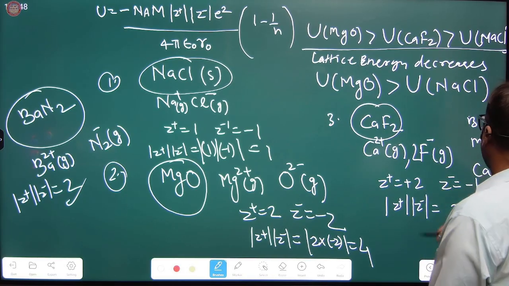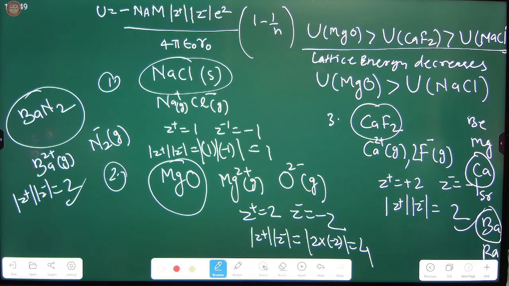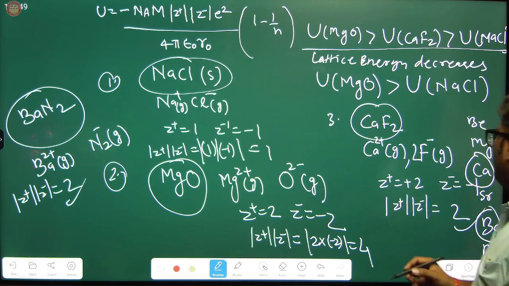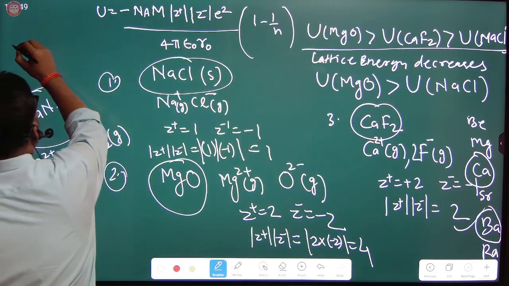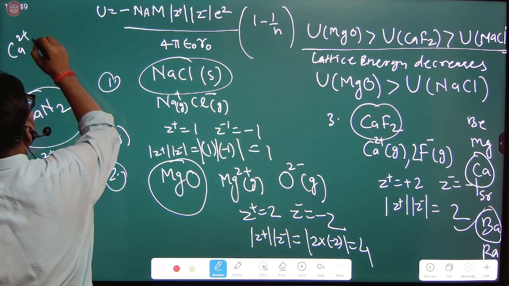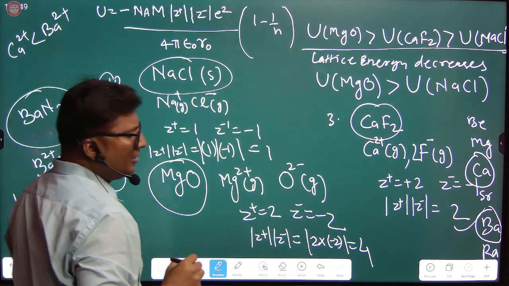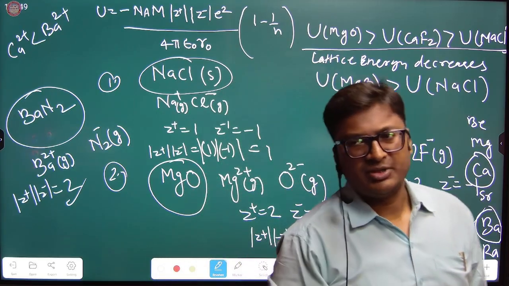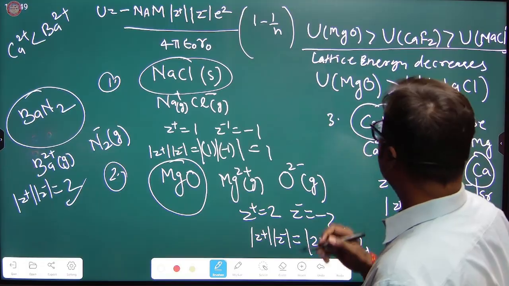So in this group, calcium is smaller in comparison to barium, right? So the size of calcium 2+ is smaller than barium 2+, right? So the smaller the size of the cation, the more lattice energy it has.